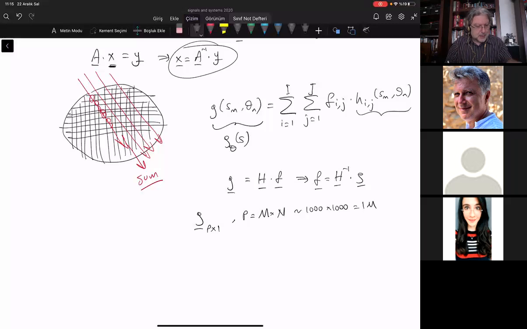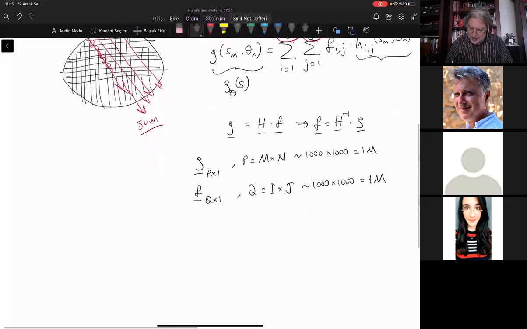And the others, F, for example, is a Q by 1 length vector, where Q is equal to I times J. And I and J are the pixel sizes, horizontally and vertically. So this is, again, approximately 1000 times 1000, again 1 million.